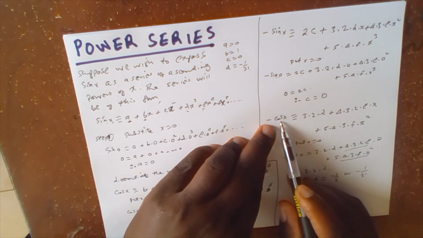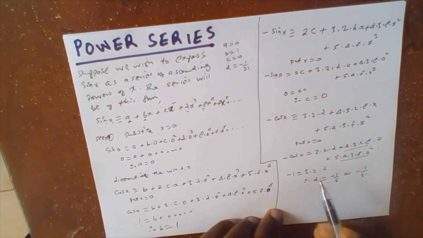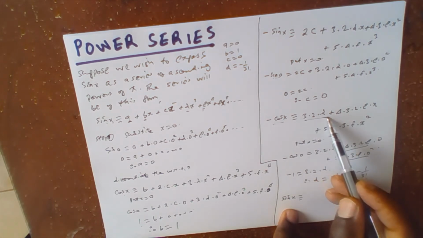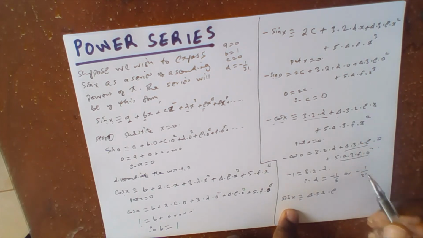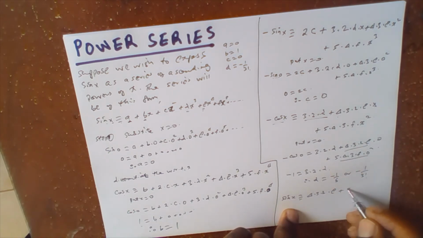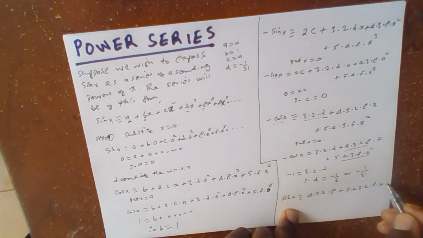When you differentiate cos x, you get negative sin x, but already we have negative, so negative and negative will be positive. So when you differentiate negative cos x, we get sin x, which is equivalent to, now here, this is a constant. When you differentiate this one, you get 0, so we remain with 4 times 3 times 2 times e. When you differentiate x, you get 1, then plus, when you differentiate x squared, we get 5 times 4 times 3 times 2 times f times, now it will be x.